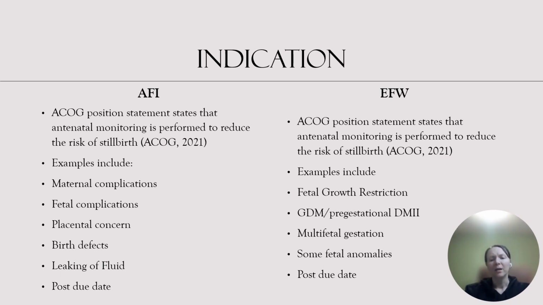Depending on the control of their gestational diabetes, mixed in with their fetal weight and their AFI, we would be looking at delivery plans. If you have a multi-fetal gestation, we want to make sure we're not having any twin-to-twin transfusion, inappropriate weight distribution, those kinds of things. And then with some fetal anomalies, we want you to watch the fetal weight. You can also do this once they get past their due date if we are continuing expectant management.